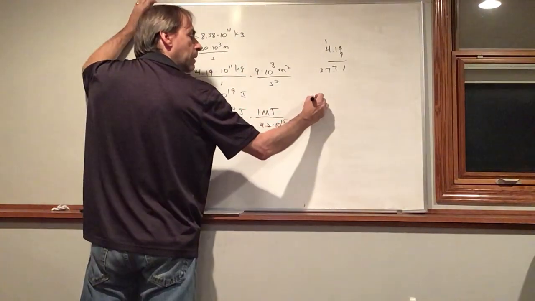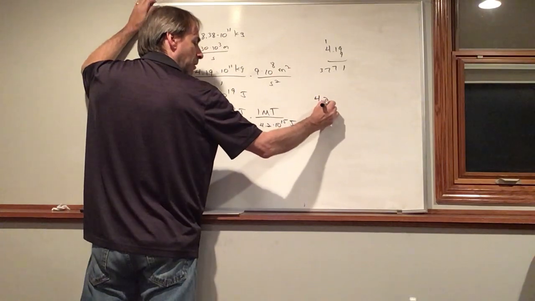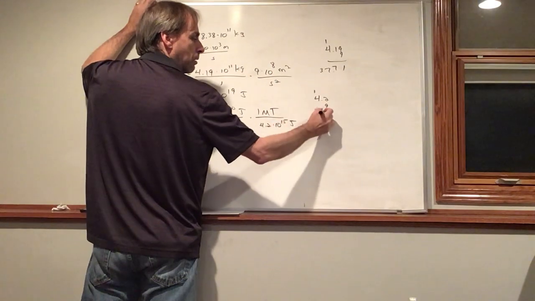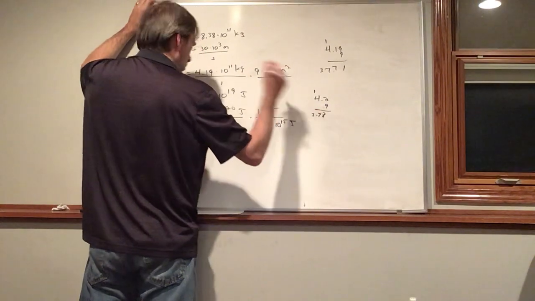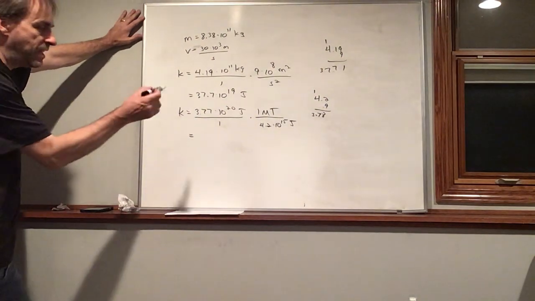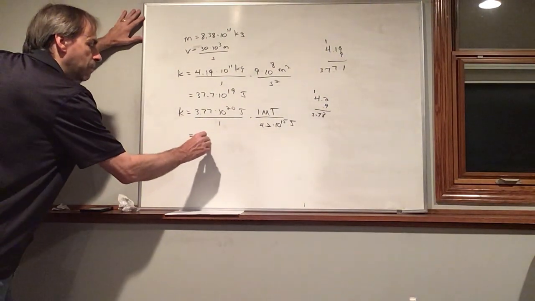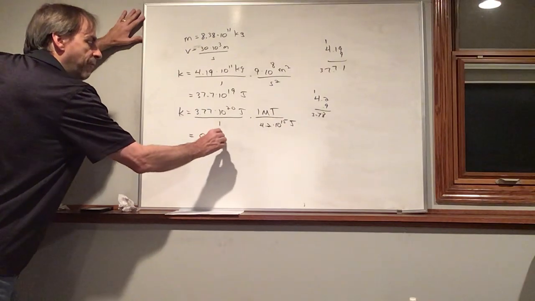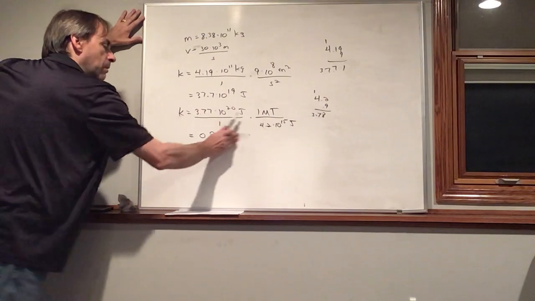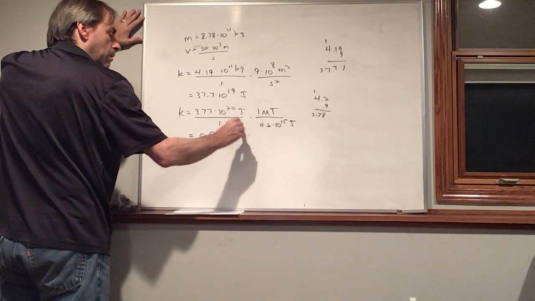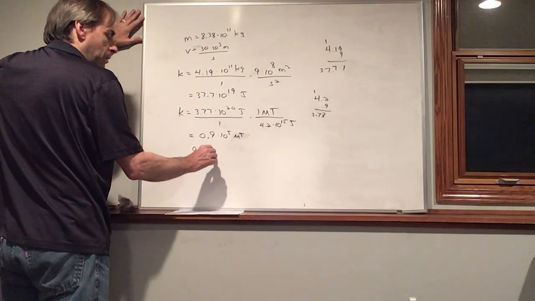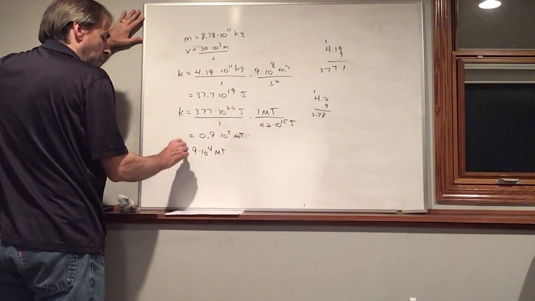Sorry, just checking. Trying to get a reasonable number. Oh, actually, that's very close. 0.9. Okay, so we can say 0.9 times 10 to the 5th power megatons, or 9 times 10 to the 4th megatons of TNT.